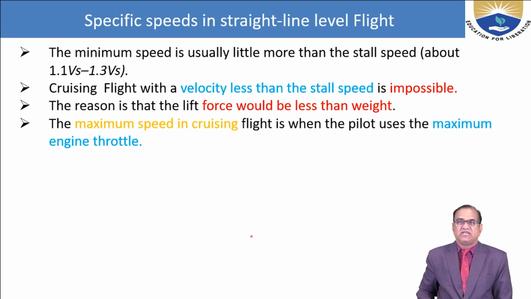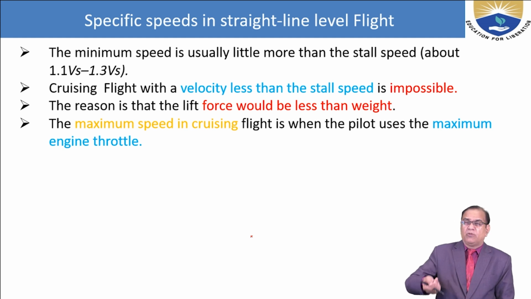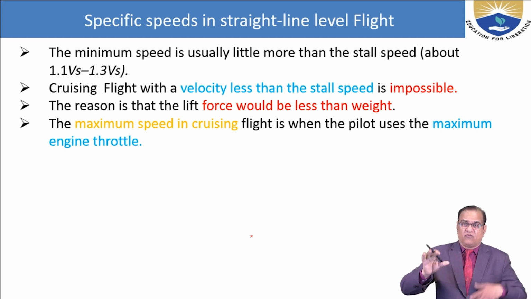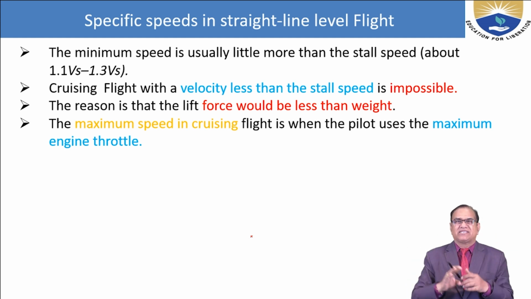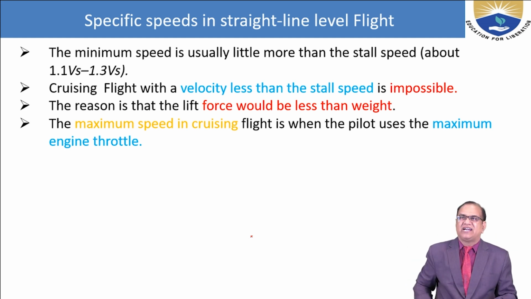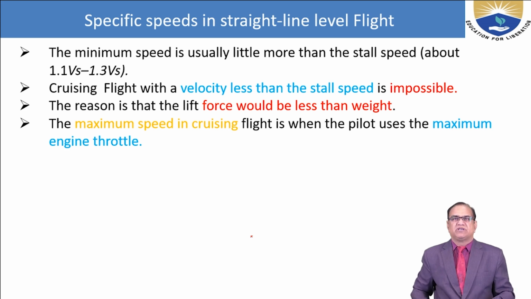The maximum speed in flight is when the pilot uses the maximum engine throttle. So what is the maximum speed? When the pilot is putting 100% throttle, full power available, whatever maximum speed you are getting, that speed is the maximum speed.